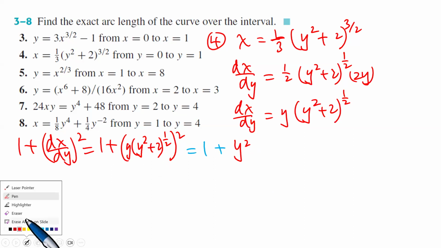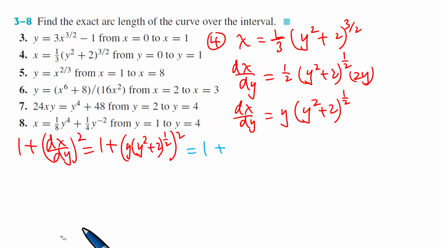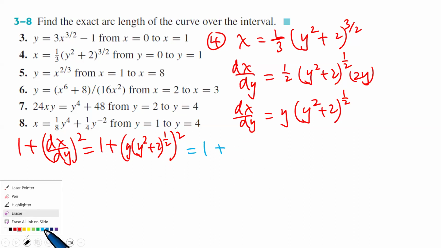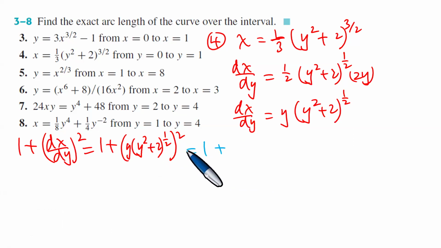Okay, you square this, and it's going to be y squared. Then you have y squared plus 2, like this. And this is exactly what?